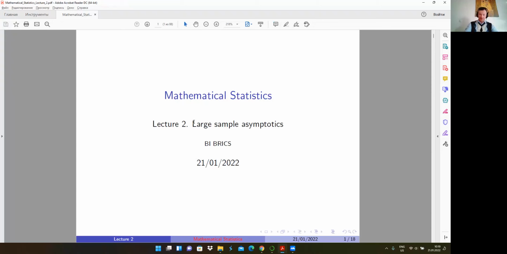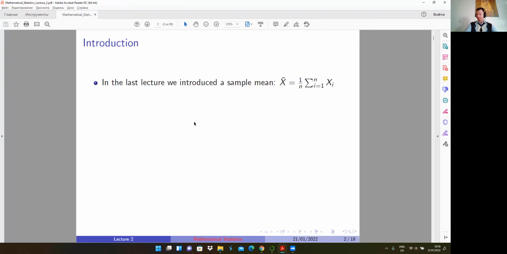we will be using. So yesterday we introduced a statistic which is called a sample mean. We said that this is a random variable, and this random variable is just a combination of random draws of this same random variable, and we have n of them.